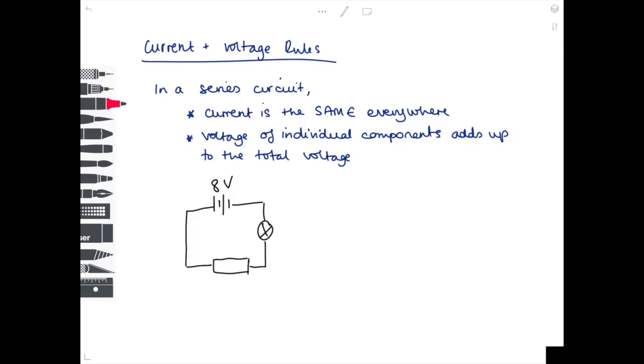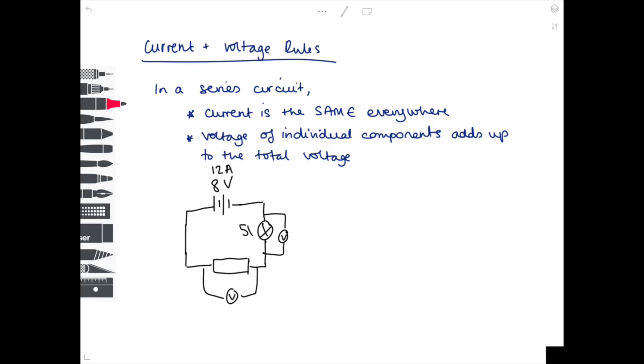So if I tell you that the current here is 12 amps, because I've said that the current is the same everywhere, it doesn't matter if an ammeter got added here, here, or here, all those readings would be 12 amps.